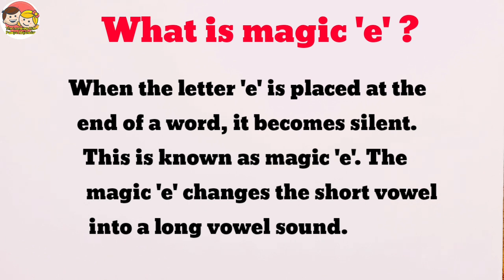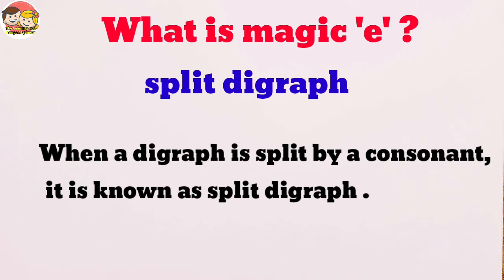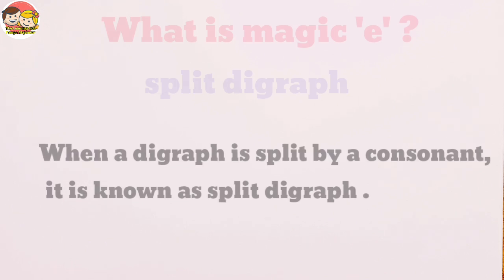A magic E is commonly known as a split digraph. Split means divide or partition, and digraph means two letters joined together that make one new sound. So when a digraph is split by a consonant, it is known as a split digraph.